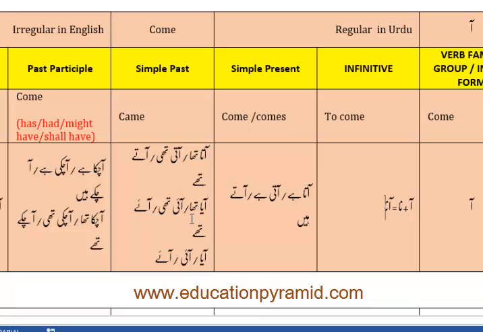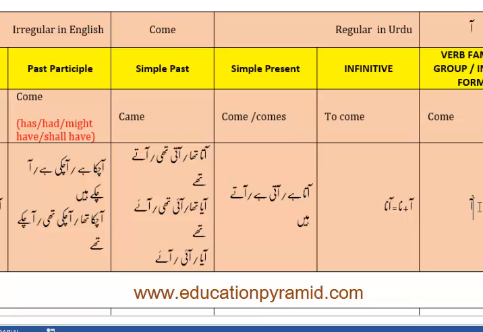Or in the coming lessons you will see different forms like आया था, आई थी, आए थे, or आया, आई, or आए. Then the past participle like आ चुका है, आ चुकी है, आ चुके हैं, या आ चुका था, आ चुकी थी, आ चुके थे.